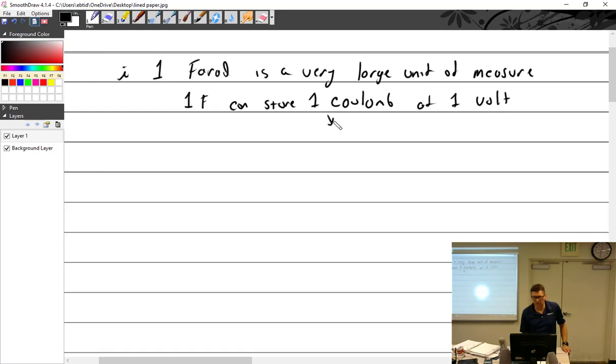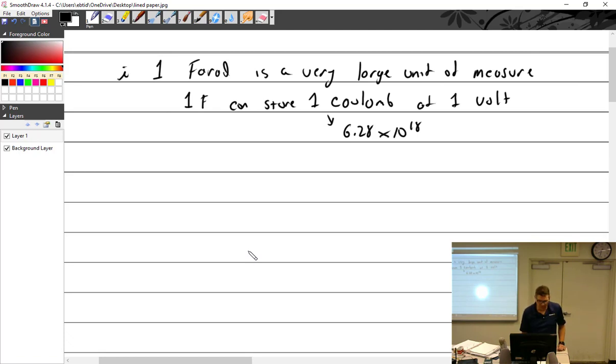1 coulomb, I remember it this way, it's pi times 2, so 6.28 times 10 to the 18th power. That many electrons. That's a lot.